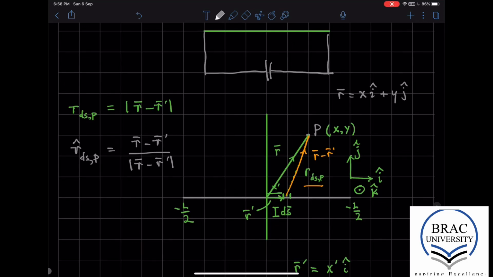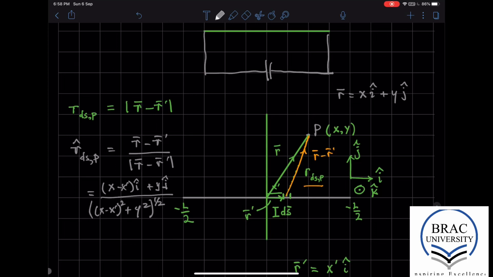Therefore, in the numerator we have x minus x prime times i hat plus y j hat, and in the denominator we have the length of this vector, which is the square root of x minus x prime whole squared plus y squared. So this is the r hat vector.